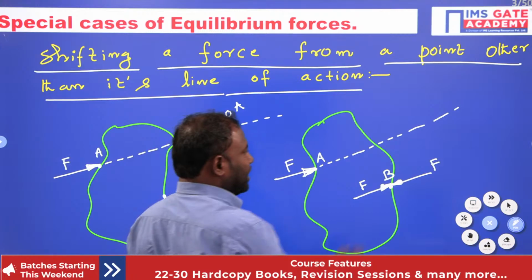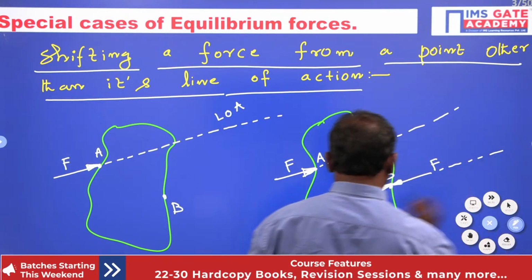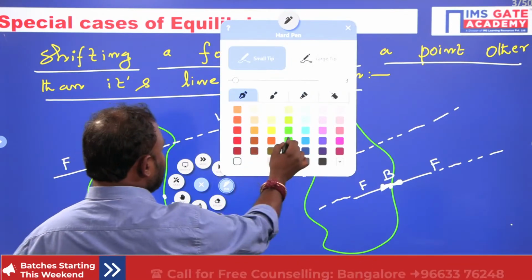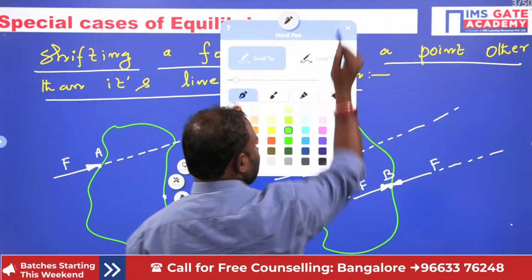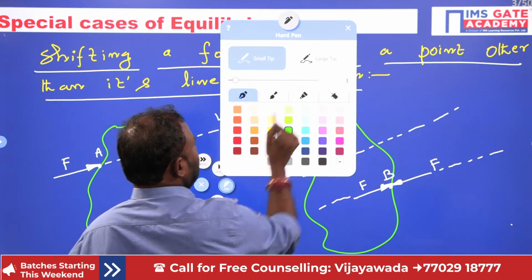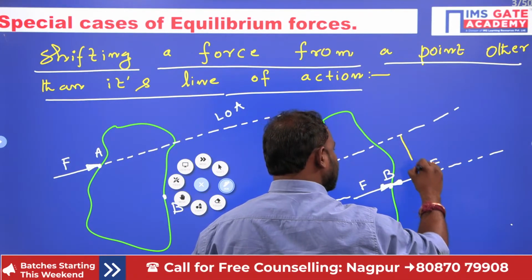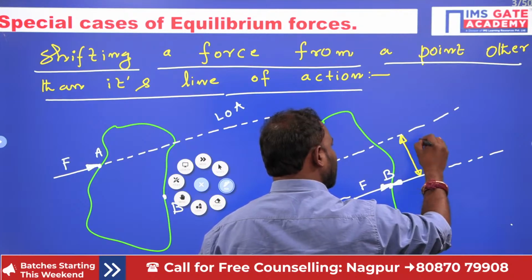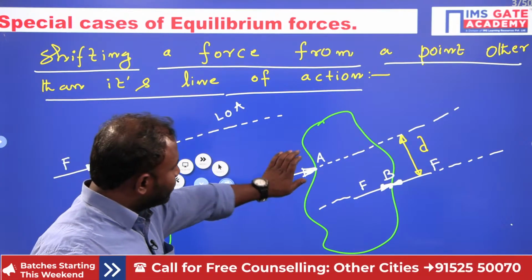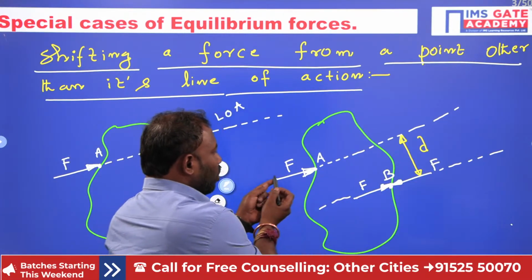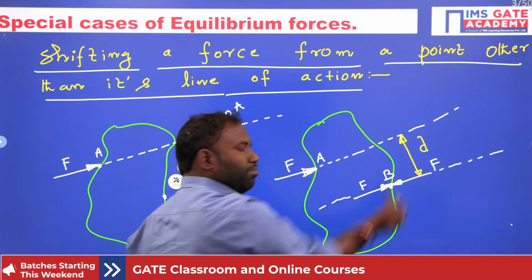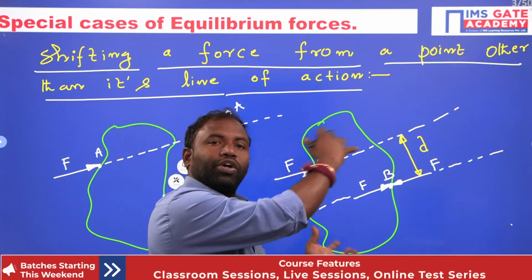Now see, this F force and this F force, having equal magnitude and opposite direction and separated by a definite distance, are going to create a couple.